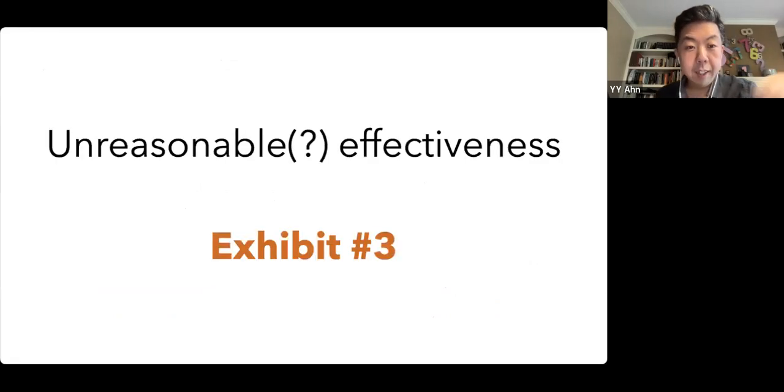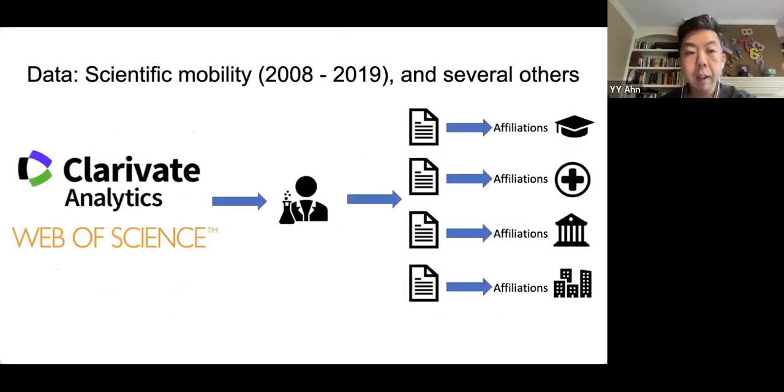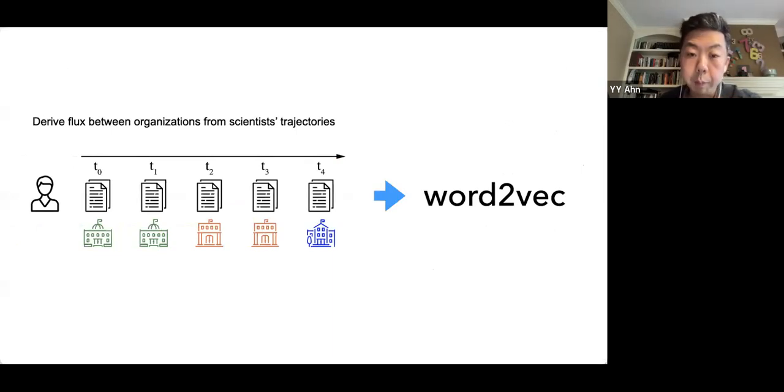Okay. And number 3 is thinking about this physical space. This is led by Dakota Murray, Ji-Sung Yoon, and Sadamori Kojaku. Here, what we did is grab scientific mobility data, basically how people move across different affiliations from bibliometric data, and then fed that into a word2vec model.